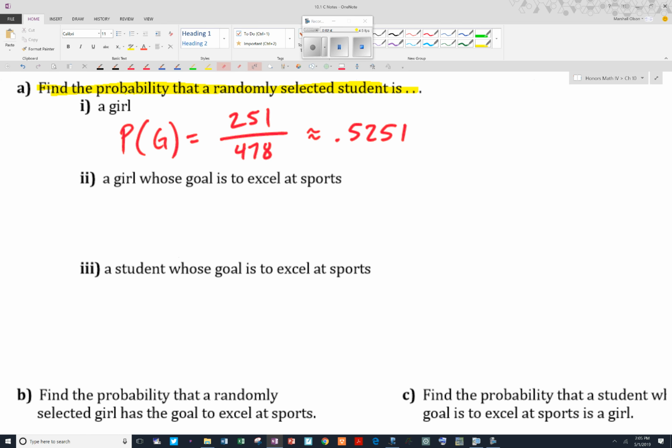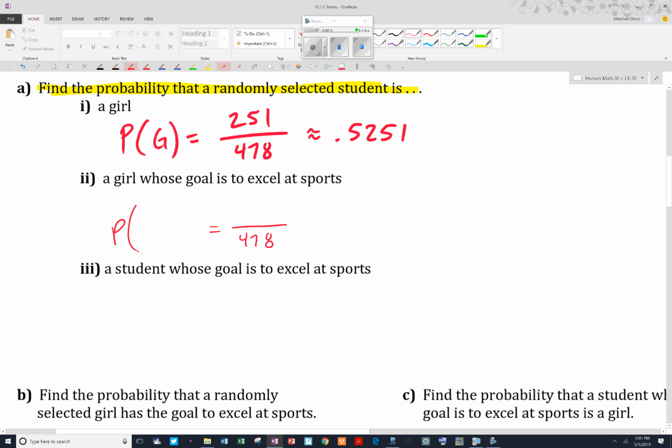All right, the next question says, find the probability that a randomly selected student is a girl whose goal is to excel at sports. So again, our denominator is 478. The probability that we're looking for here is actually an and probability.